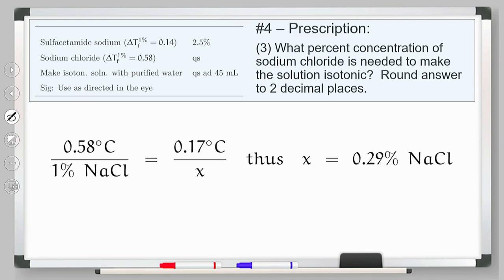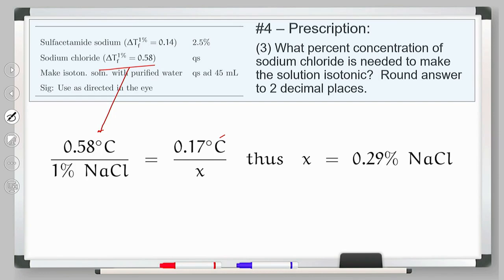Well, let's take the delta TF value for sodium chloride, which is 0.58 degrees Celsius for every 1% concentration. Now I know the amount of freezing point depression I need. That's what came from the previous question. When we took 0.52 minus what we got from our drug, we still need 0.17, so that's the amount of freezing point depression I need just for my sodium chloride.